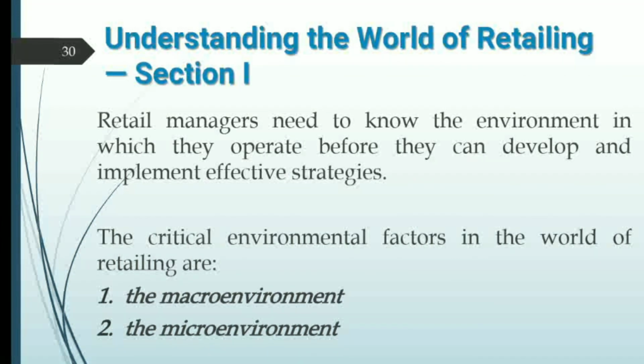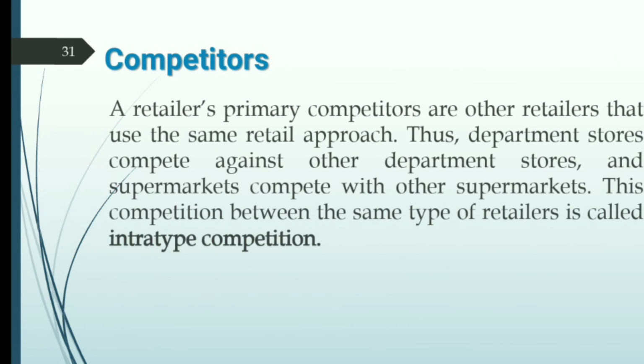The microenvironment, on the other hand, focuses specifically on competitors and customers. The primary competitors of retailers are the other retailers that use the same retailing approach. That is why department stores compete against other department stores and supermarkets compete against other supermarkets. This kind of competition is known as intra-type competition.